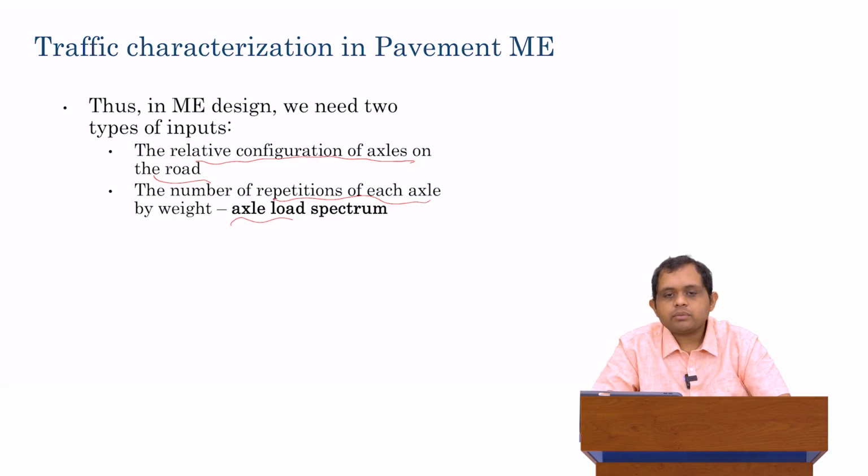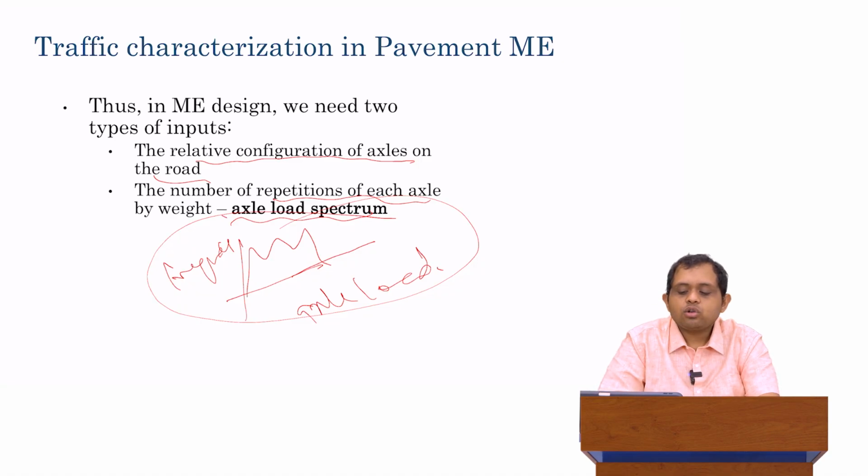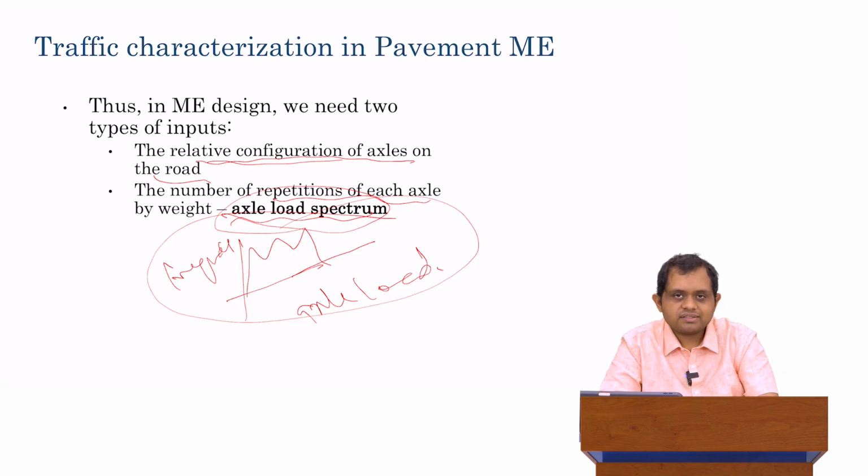This particular thing, by the way, where I plot, for example, the axle load against frequency, and I might have a plot which might look like this. This type of plot, which shows the frequency of different axle loads, is called an axle load spectrum. An axle load spectrum combined with information on configuration of axles, these two together, are the fundamental ways in mechanistic empirical design to characterize and use traffic for the design of rigid pavements.